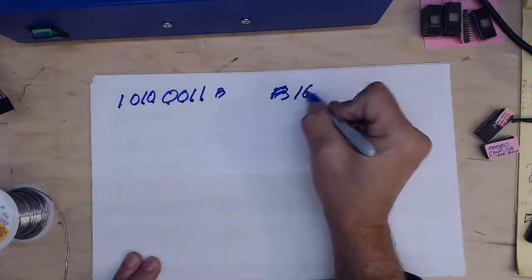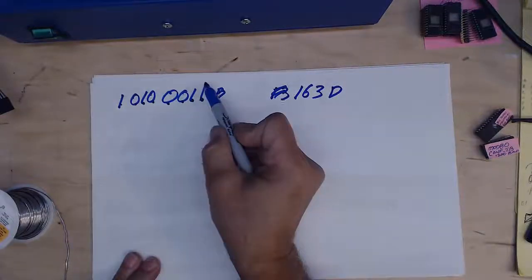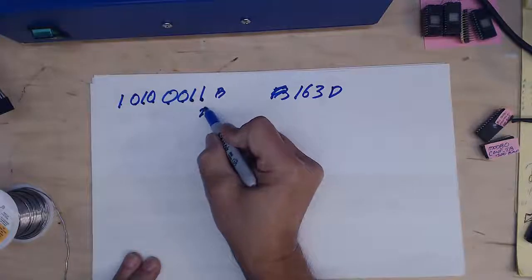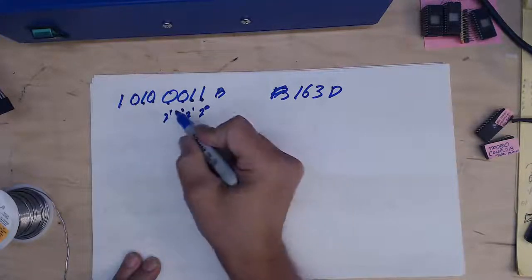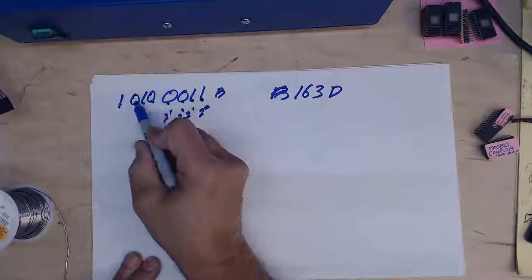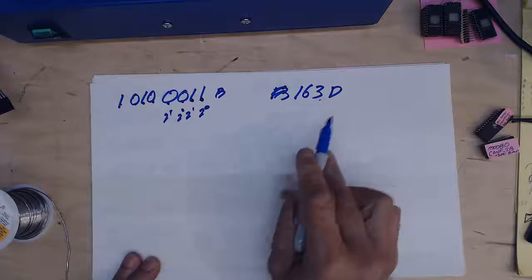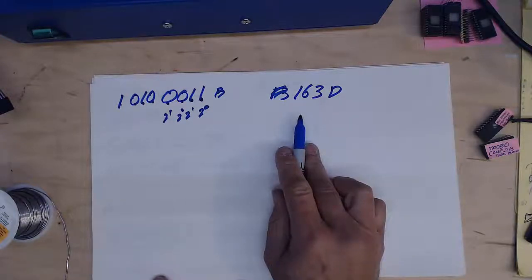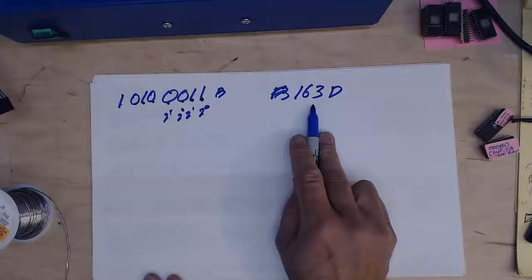Oops, 163 in decimal. Of course, that column is worth 2 to the 0, 2 to the 1, 2 to the 2, 2 to the 3, 2 to the 4, 2 to the 5, 2 to the 6, and so forth. We can find out what those values are, add them all up, and get to the same value. But either way, we're going to find out that this value in binary is 163 in decimal.